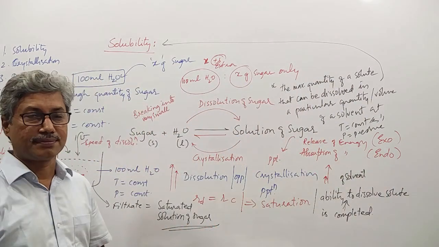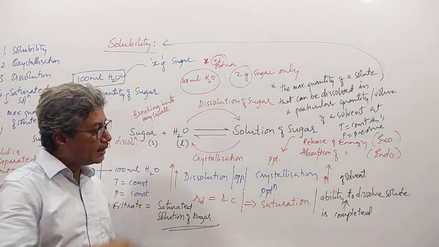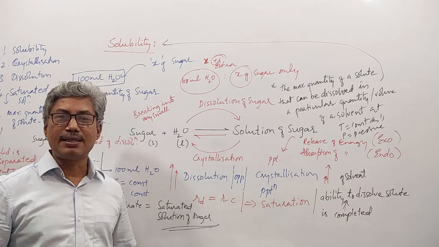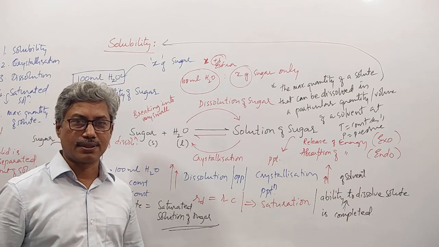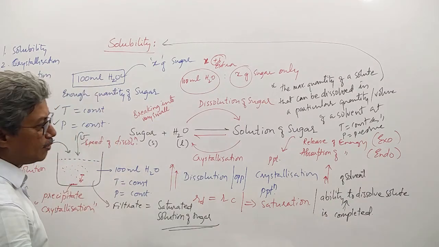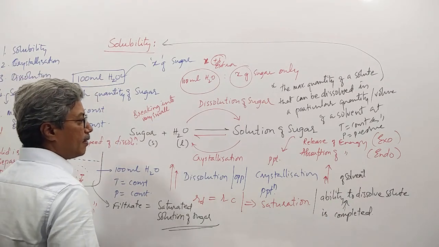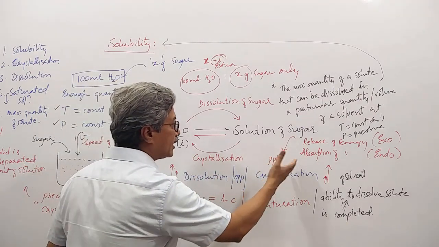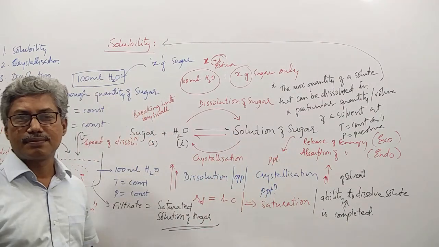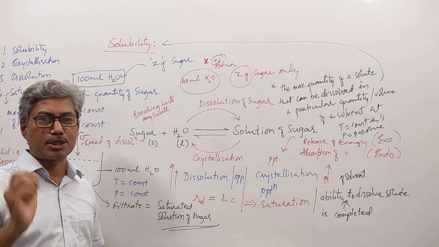This you need to remember. Now, if you remember this, we can speak about the factors which affect the solubility of this solute in the solution. Clear? Okay. Now what we'll do is, we shall discuss the effect of these parameters on the dissolution process.